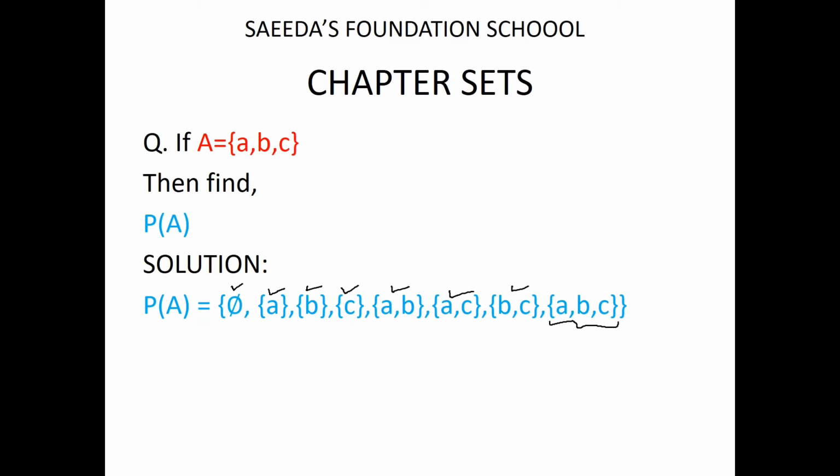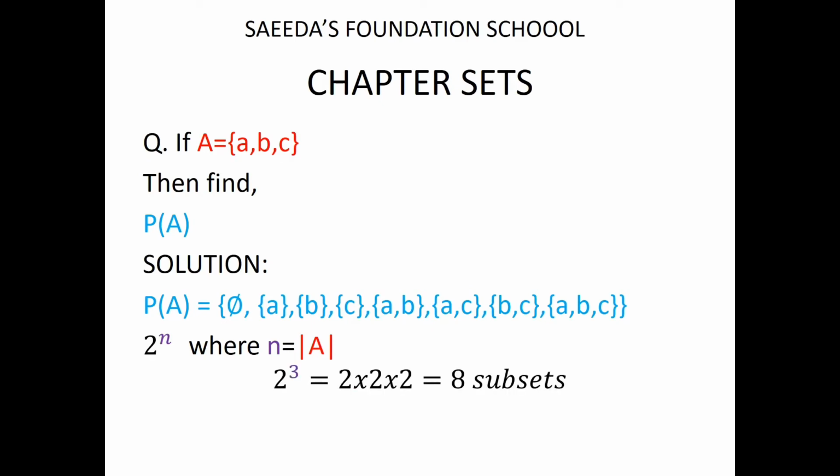Now let's see how we can calculate the number of subsets that a power set can hold. There is a simple formula, 2 to the power n, where n is the cardinality of A. Over here we have 3 elements in set A, so the cardinality of set A will be 3.